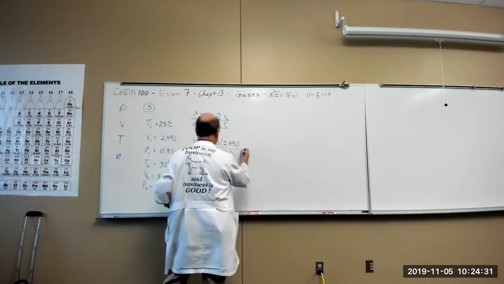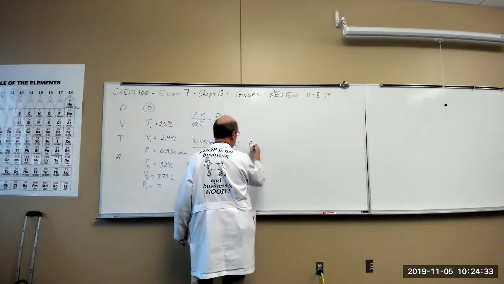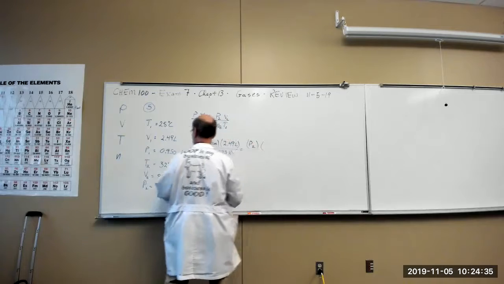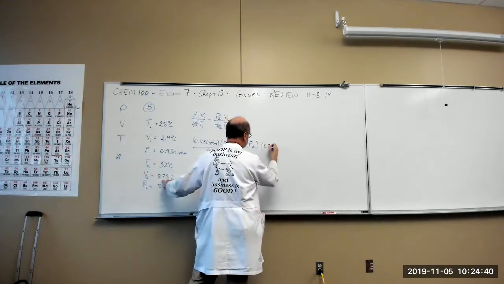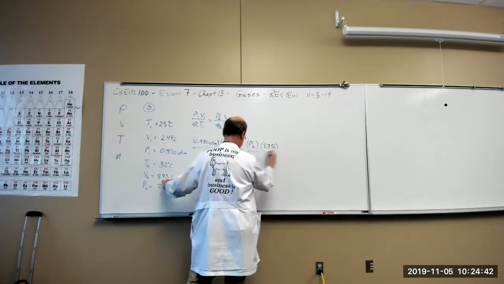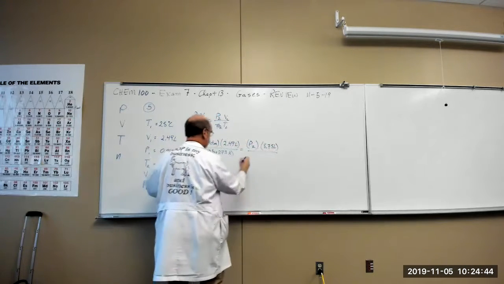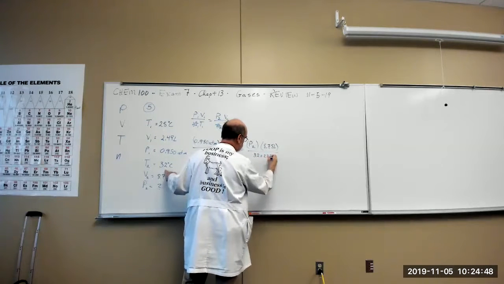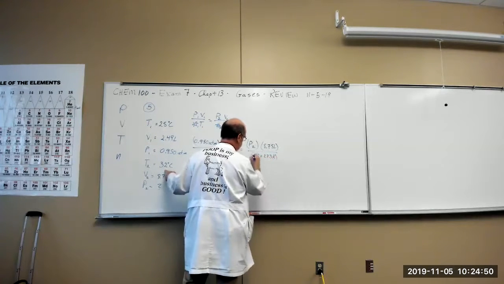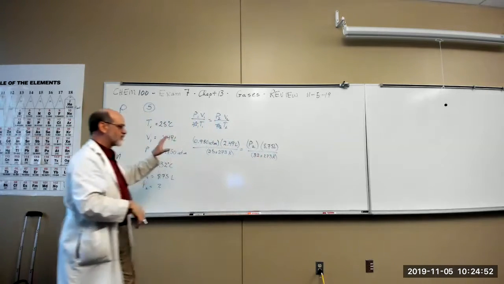Then the after conditions. This is our unknown. And volume is 8.75. And the new temperature also has to be converted to Kelvin. There you go. Your problem is set up.